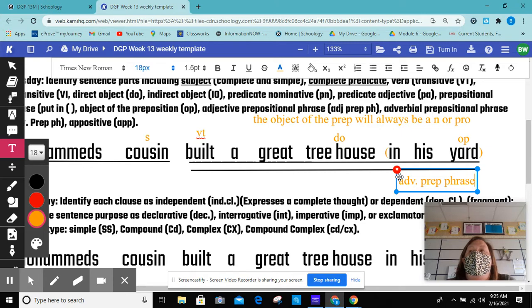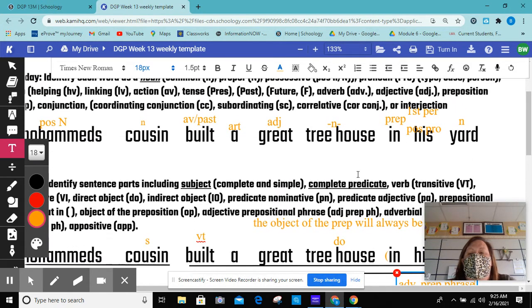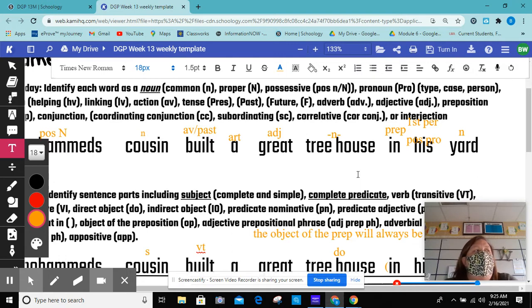All right, there's one other thing that I need to go back and correct. Yesterday when we were doing parts of speech and I was doing his, I don't know why in the world I told you that his is first person, because we all know that first person deals with I, me, and my. Okay, his is actually a third person pronoun.